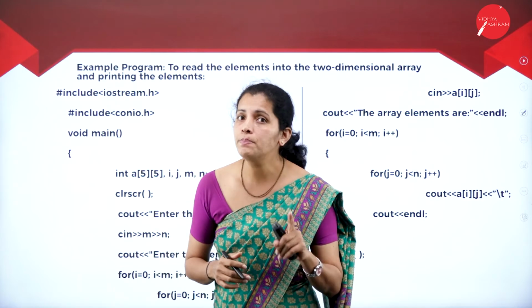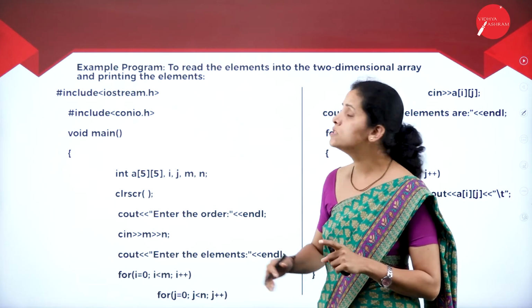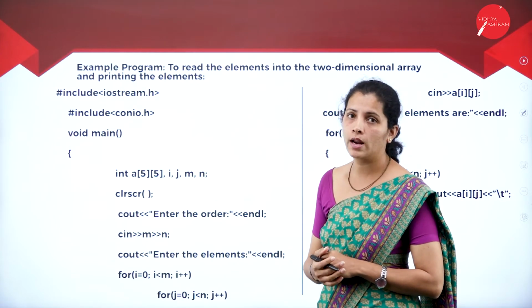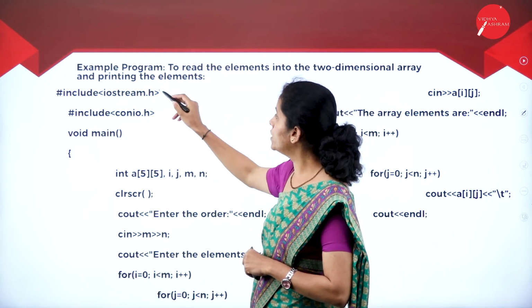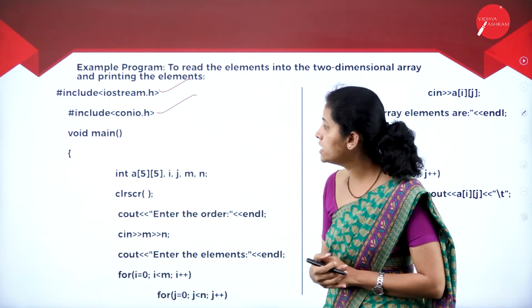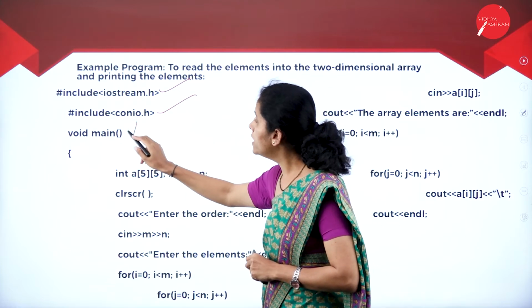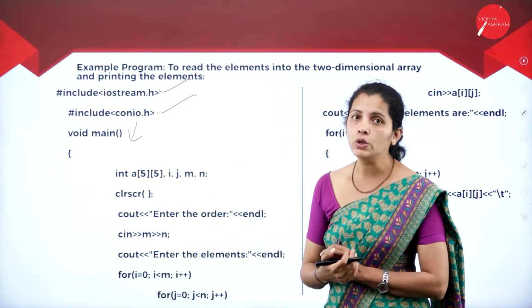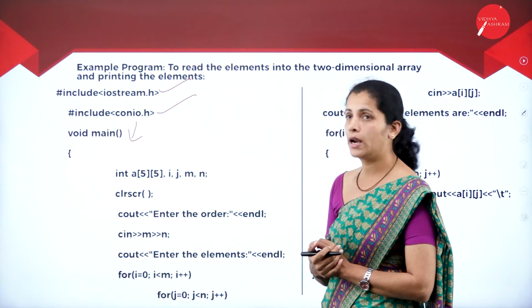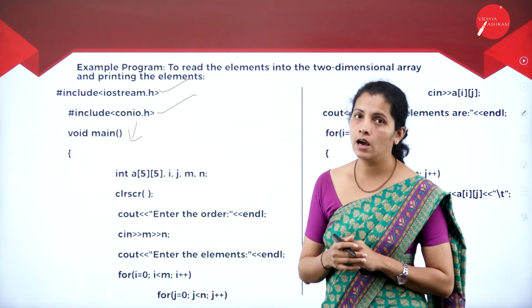From the examination point of view, this is a very important program. At the beginning, I'm going to include two header files, iostream.h and conio.h, and the actual execution of the program starts from main. This is the example for a two-dimensional array.